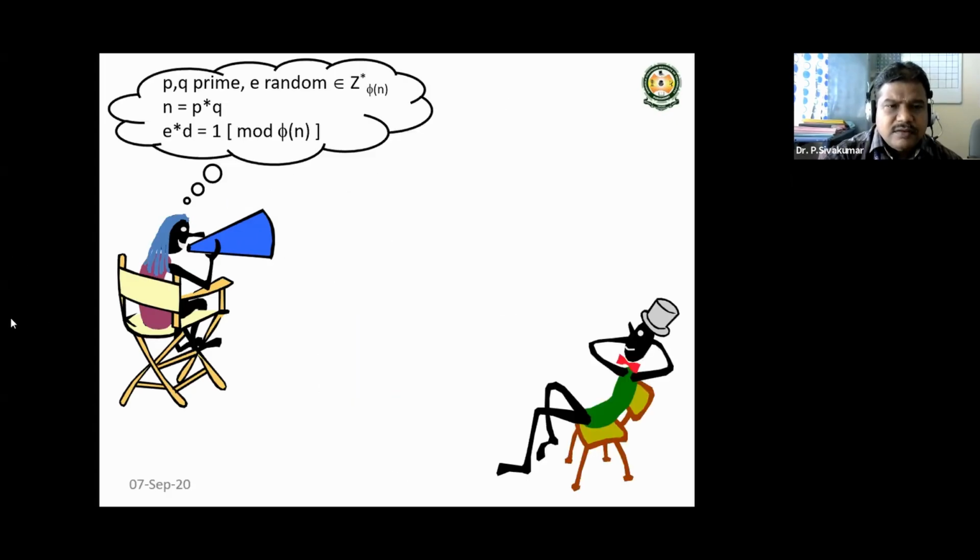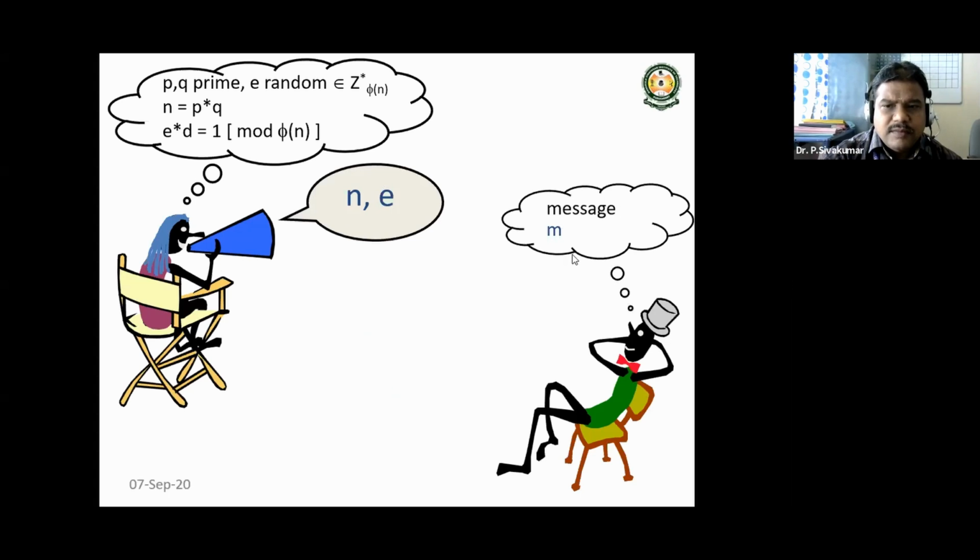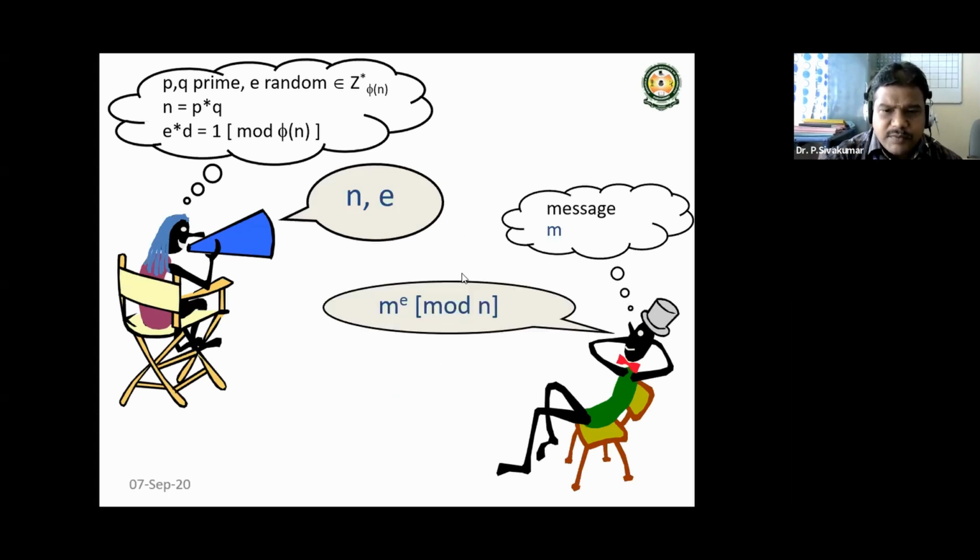So after that, you can calculate your d value. So it is the n and e values and message M. Then you can perform the encryption operation. This person sends the message to this person, so this person uses this person's public key to perform the M power e mod n operation to encrypt the message.